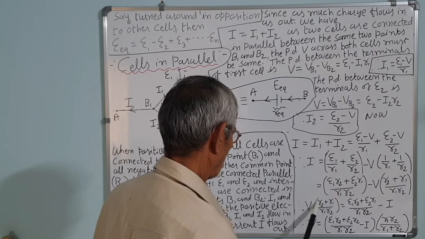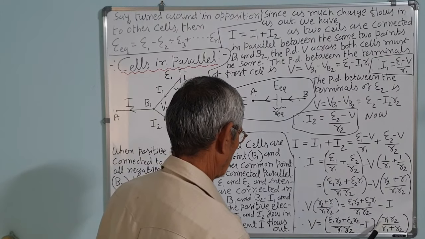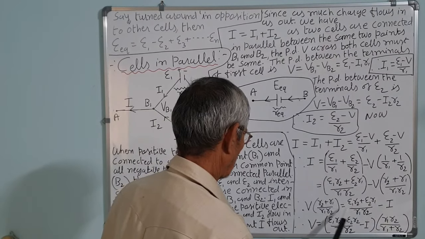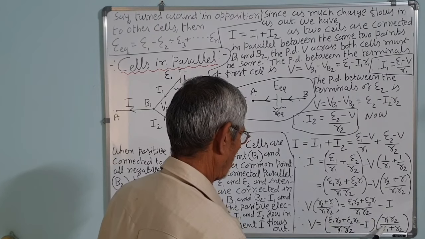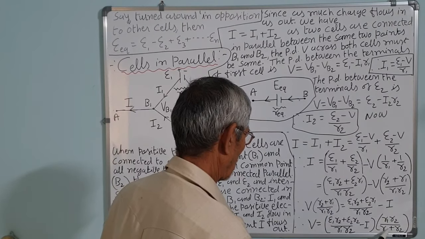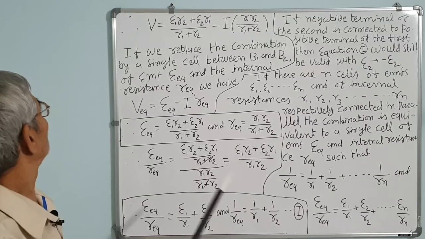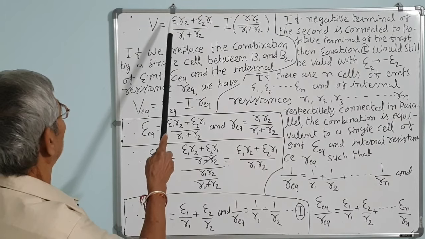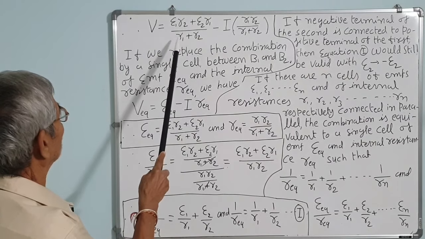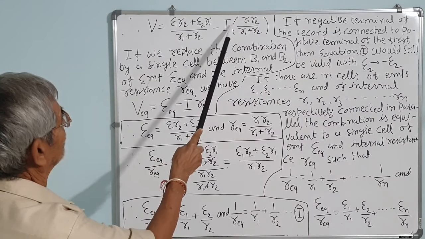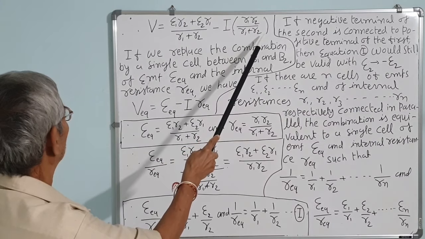Now take this term to the right side, that is R1 R2 upon R1 plus R2; multiplication becomes division. Therefore, V = (E1 R2 + E2 R1)/(R1 + R2) - I (R1 R2)/(R1 + R2).